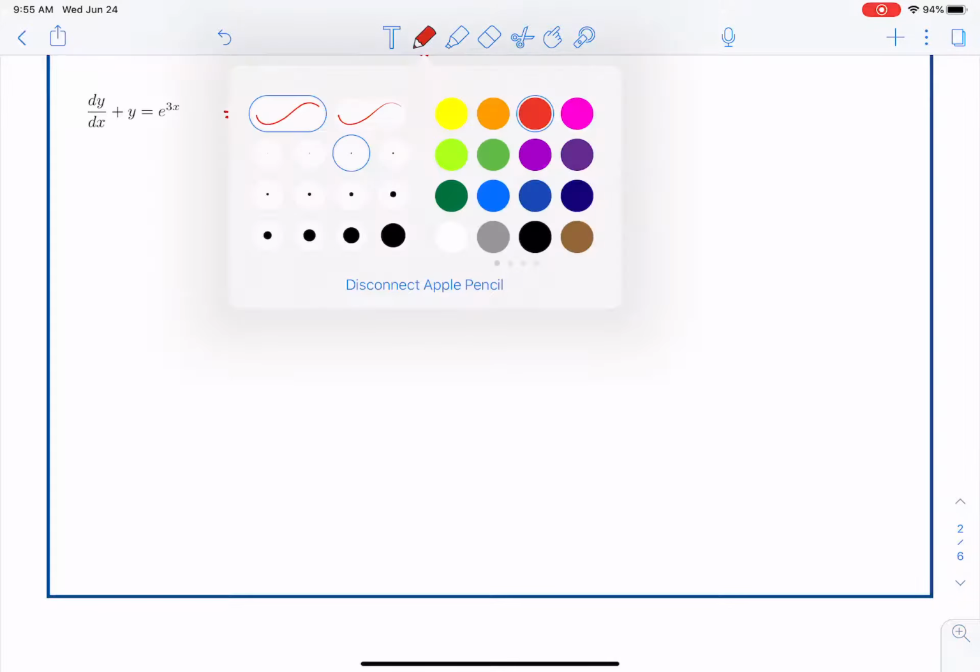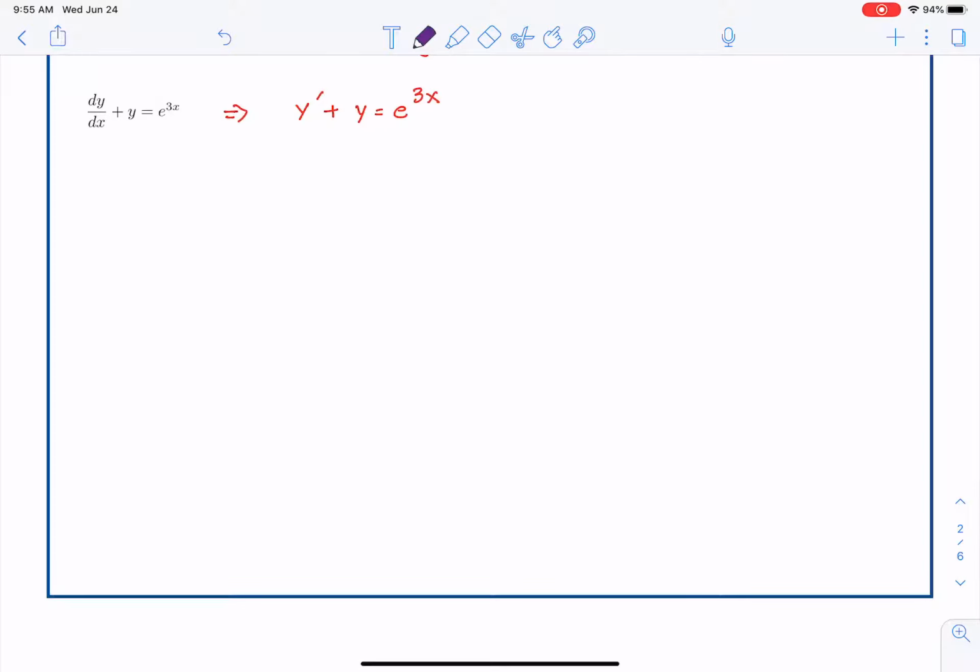Make a direct comparison to our equation, which is y prime plus py equals some function g of x. So what is the value of p? P is simply 1, and g of x is e raised 3x.